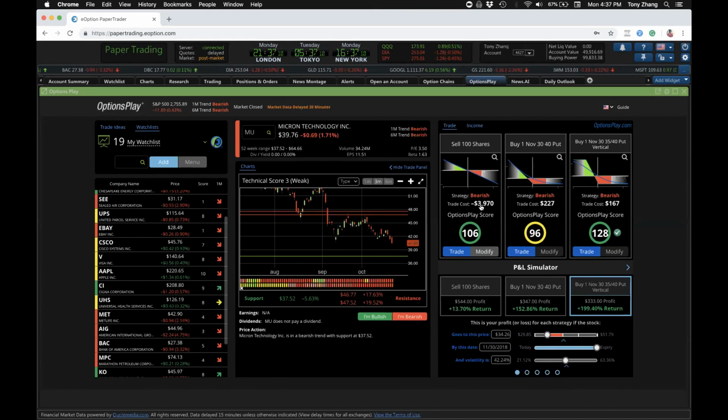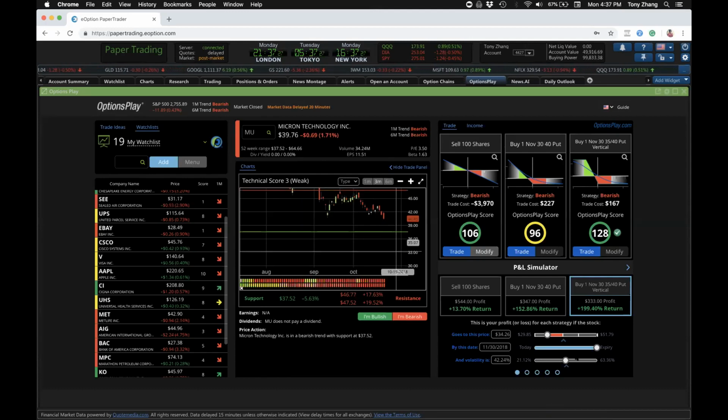So instead of posting thousands of dollars in margin to short a stock, I can pay $227 to buy a put option, or $167 to buy a put spread. So Micron's trading at 39.76. I think conservatively, this thing could probably go to 36, maybe let's just say 36 on a conservative basis.